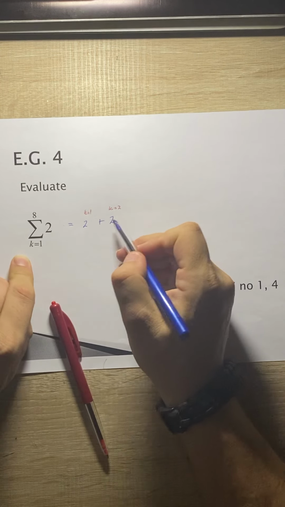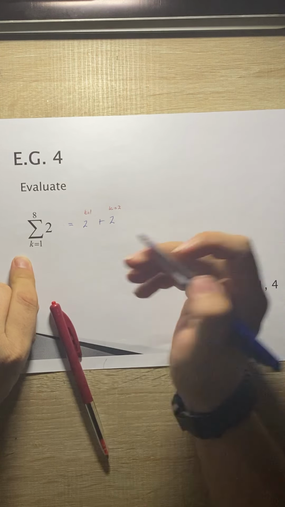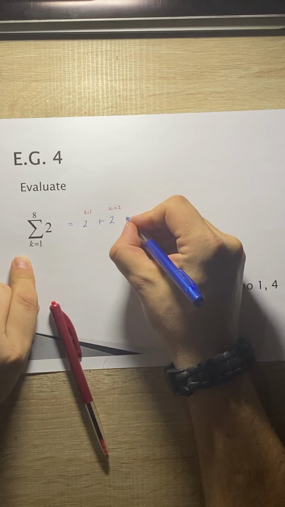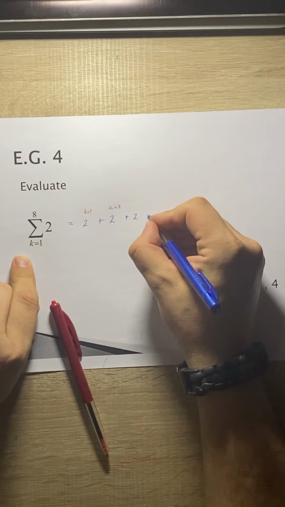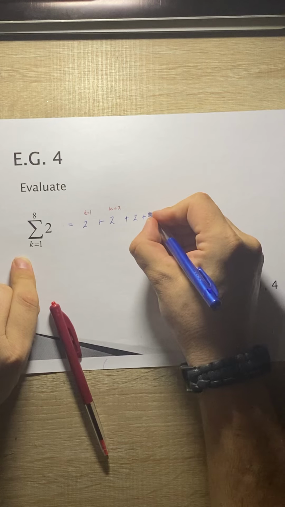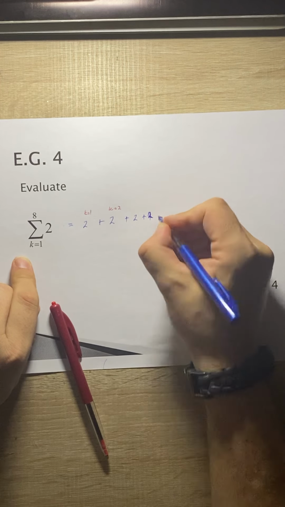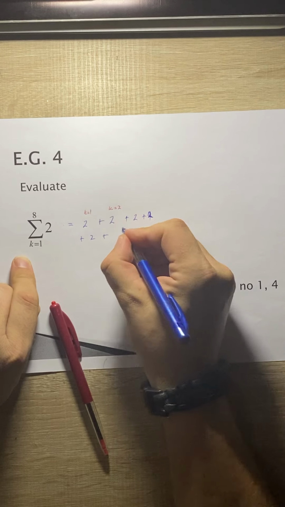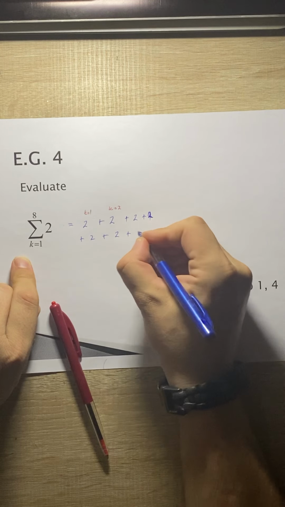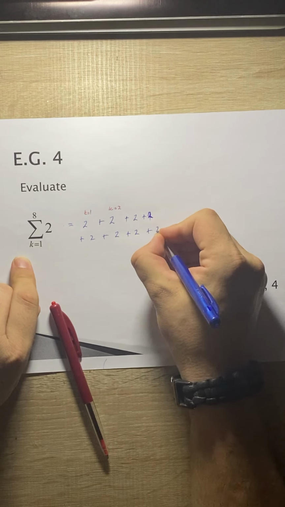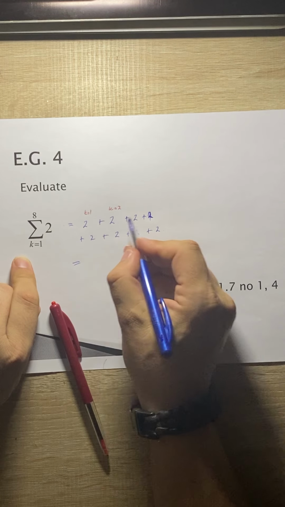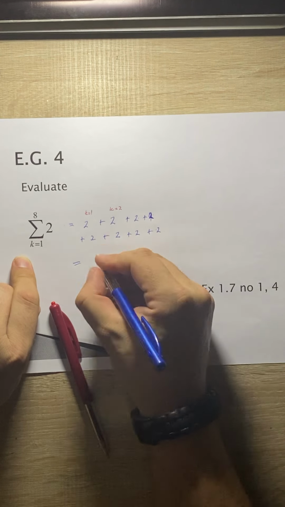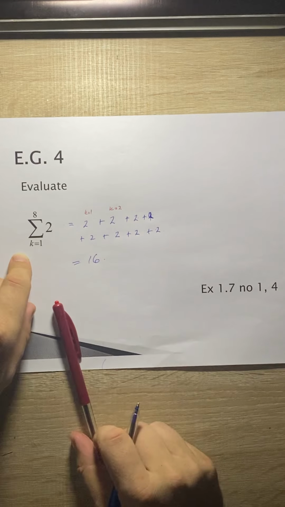You see there's nothing for me to substitute in, so I'm just adding this 2 all the time. So let's do it when k is 3, 4, 5, 6, 7, and 8. So we've got 1, 2, 3, 4, 5, 6, 7, 8 twos, which gives us 16.